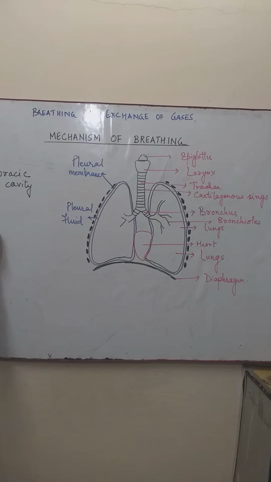So, the dorsal side has the vertebral column. The ventral side has the sternum.